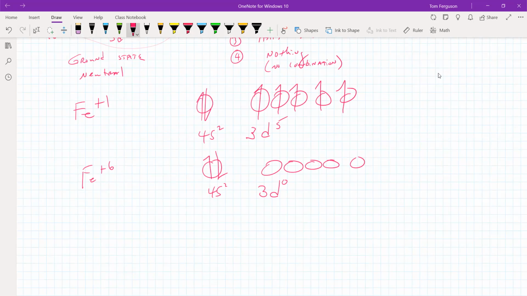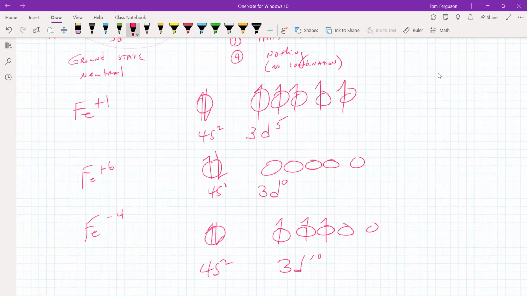However, that's what that would look like. Technically more stable because we've gone from a half subshell to a full subshell.